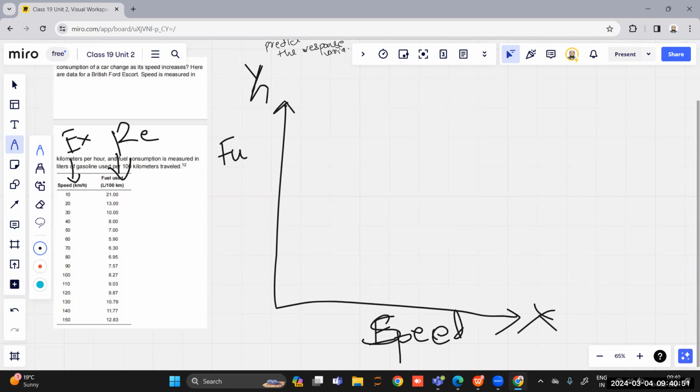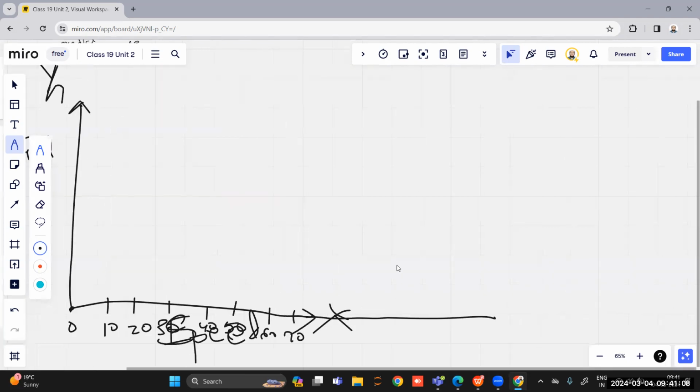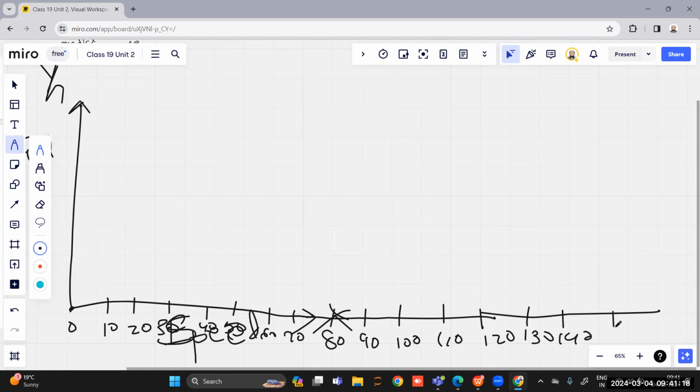the fuel. Okay. So speed is from, I'll mark it here 0, 10, 20, like this 30. See, the graph will be very big. 50, 60, 70. What I'll do, I'll keep it till 70 and then we'll go further also. You have to go till 80, 90, 100, 110, 120, 130, 140, and 150.